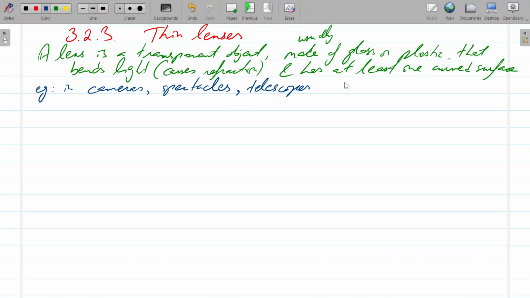All of these things utilize lenses. Now, primarily there are two types of lenses. One is the converging lens.